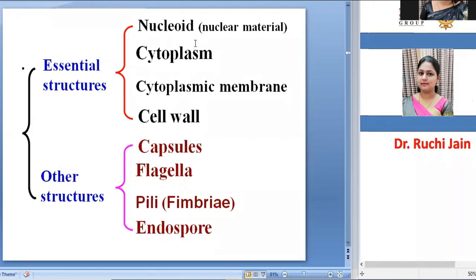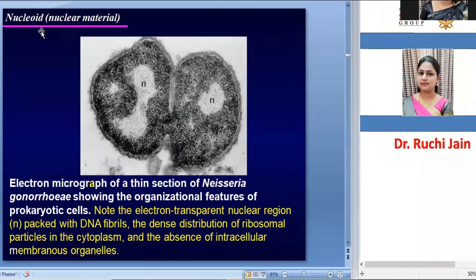That will include nucleoid, cytoplasm, cytoplasmic membrane, cell wall, and a little bit about the capsule also in today's class. So first is the nucleoid. Nucleoid is the nuclear material. Here is the example given of Neisseria gonorrhoeae.